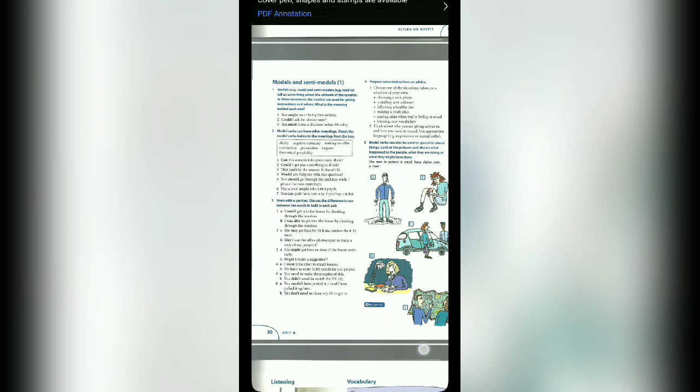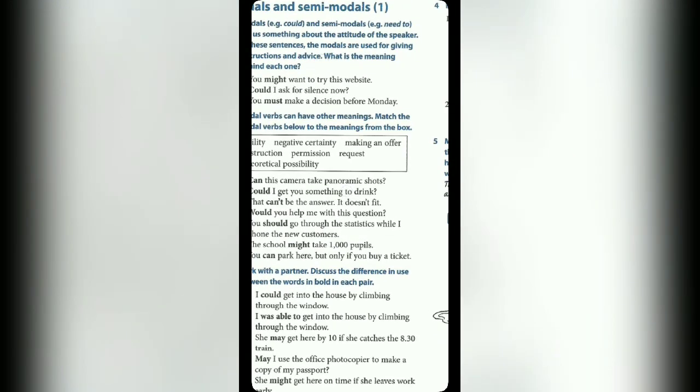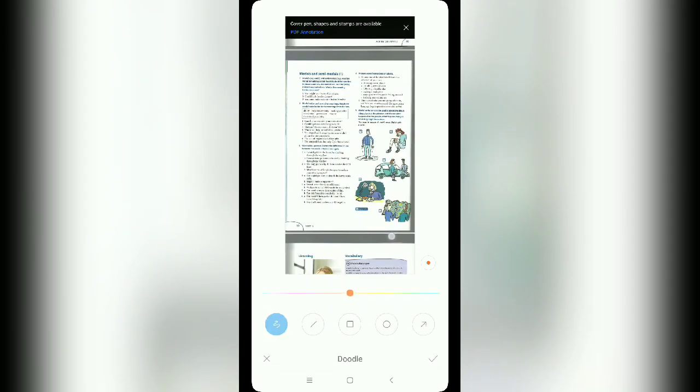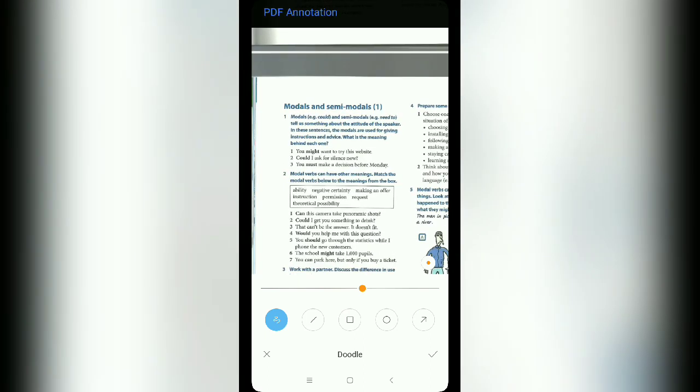What is the meaning behind each one? You might want to try this website. Might, could, must. So we'll discuss what is the meaning behind them. What is the meaning behind might?